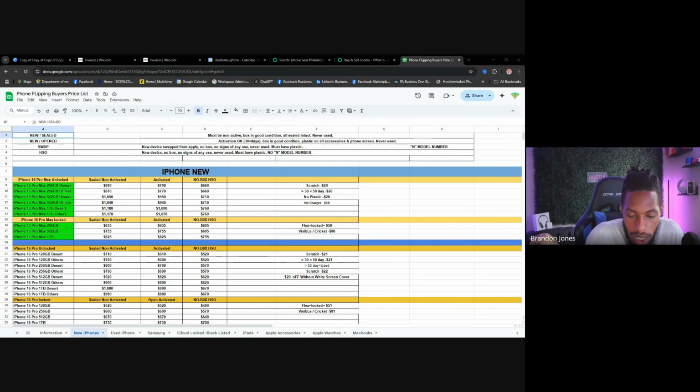Also, what I tell people is the difference between this price list and a lot of other price lists is this price list is not geared towards creating an illusion that tricks you into selling to any of the buyers. Understand this: I pay buyers to be a part of this price list. There's not always the same 50.